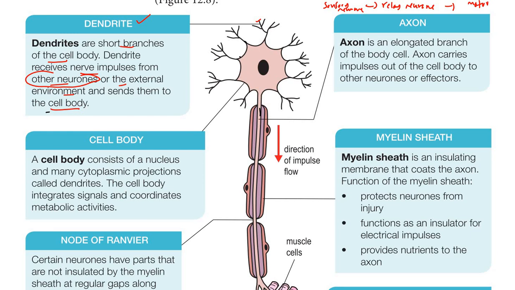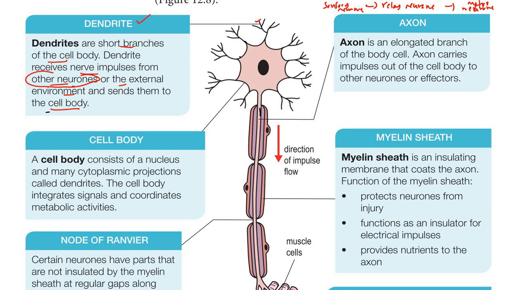The motor neuron will receive the impulse from the relay neuron, for example. But a sensory neuron can also receive impulse from another sensory neuron, because we have millions of neurons inside our body. But this is one of the sources of the nerve impulse for the dendrite, coming from other neurons.